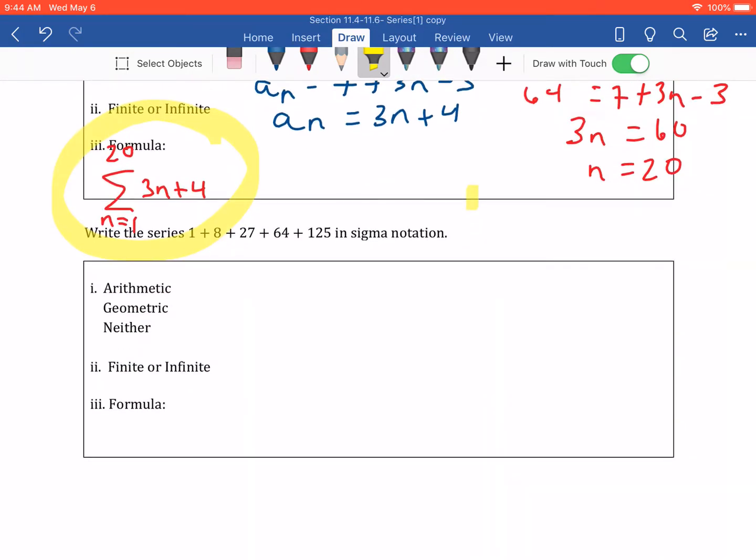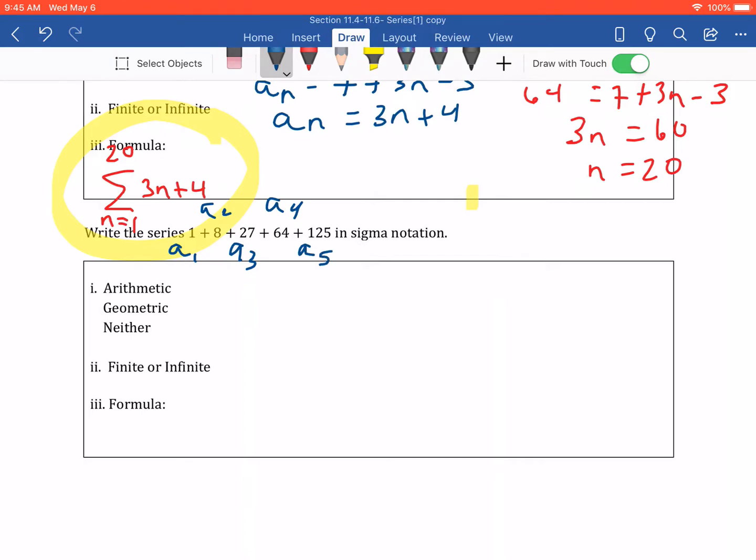I just want you to be familiar with this. If you look at a pattern, and in that pattern it really has no rhyme or reason to be arithmetic or geometric, it becomes a neither. So if we make a sub 1 be 1, a sub 2 is 8, a sub 3 is 27, a sub 4 is 64, and a sub 5 is 125.